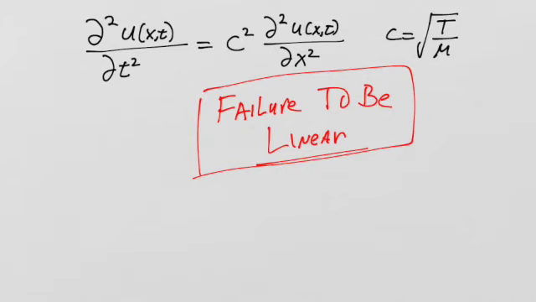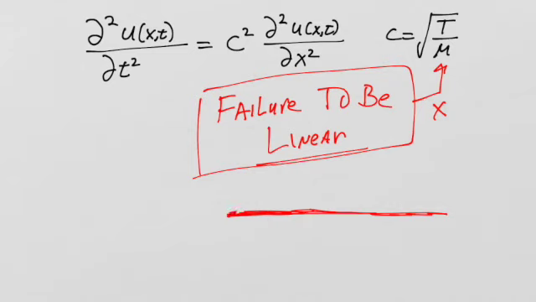So failure to be linear, if that is a function of the length along the string from the nut. For example, if the mass density of your string, for some reason, was very, very thick and heavy over here and it got thinner and thinner over there, that would be a problem. Although you might be able to save it.